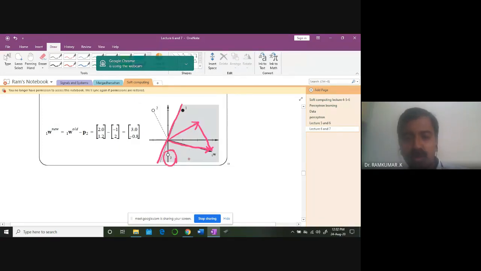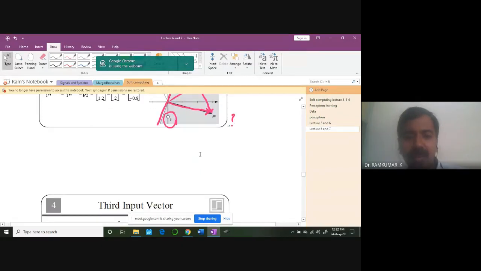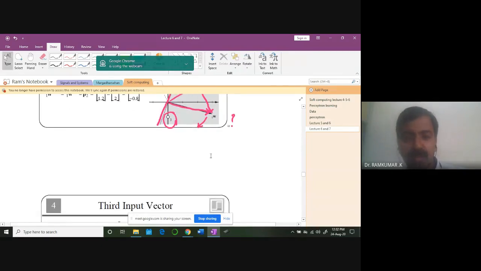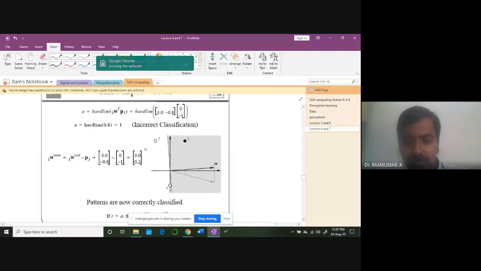It's trying to move the slope of this line here and there and check for which particular weight you'll get the right classification. But for this one, again I'm getting one misclassification, and again I need to turn this weight a bit in this direction. So when I do that, I'll be classifying something like this.